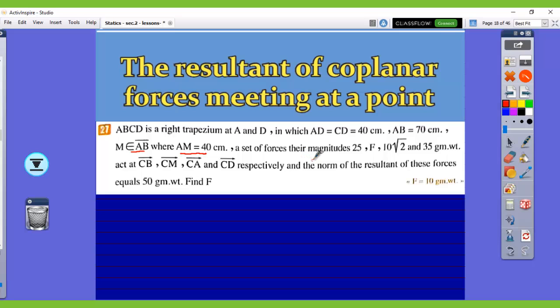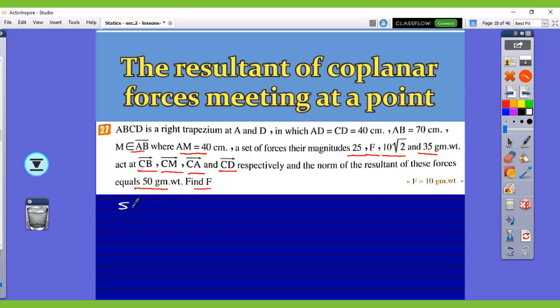A set of forces, their magnitudes 25, F, 10 root 2 and 35 gram weight, act at ray CB, CM, CA, and the ray CD respectively, and the norm of the resultant of these forces equals 50 gram weight. Find F.